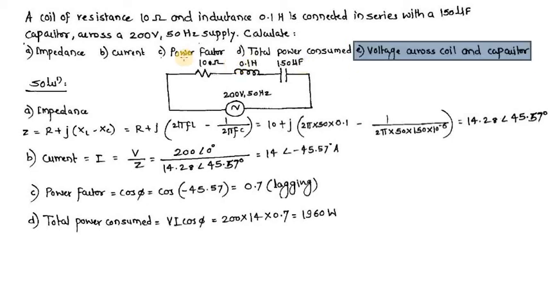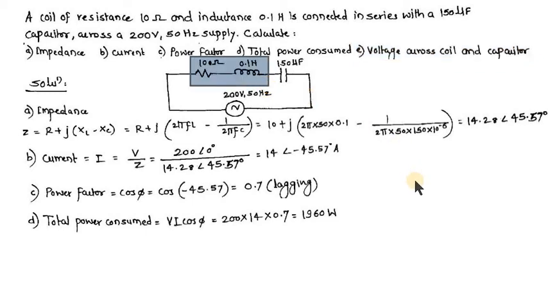Now see, as I said, one must understand that this much portion is the coil. So we have to find out the voltage that will appear across 10 ohm and 0.1 Henry together. This can be done by finding the impedance of 10 ohm and 0.1 Henry.